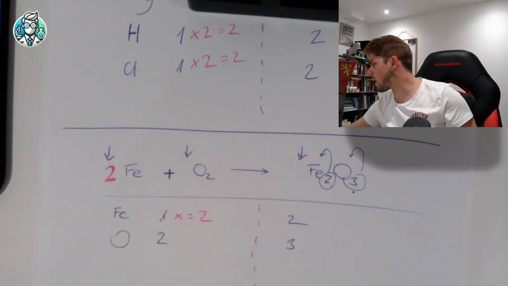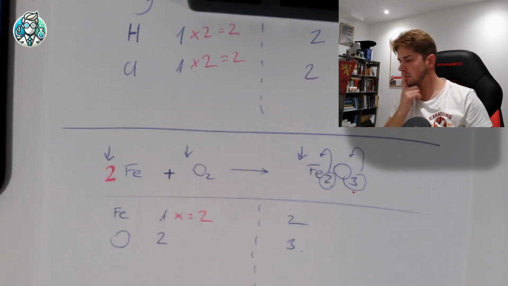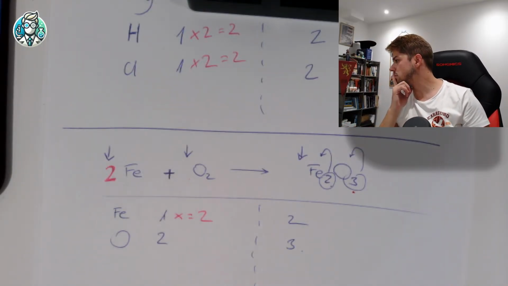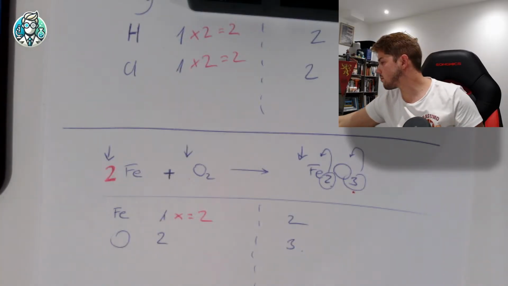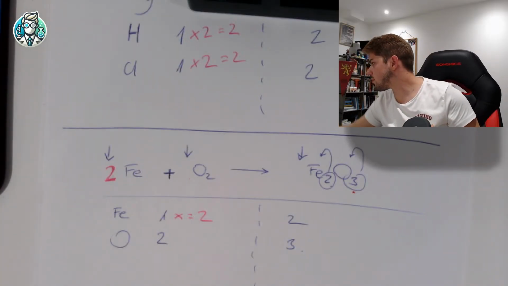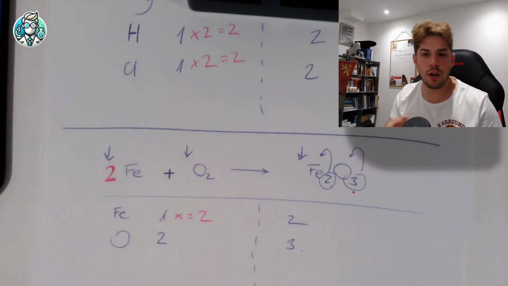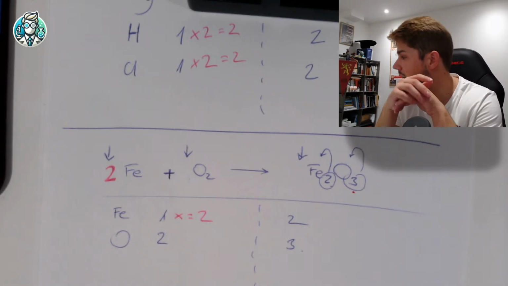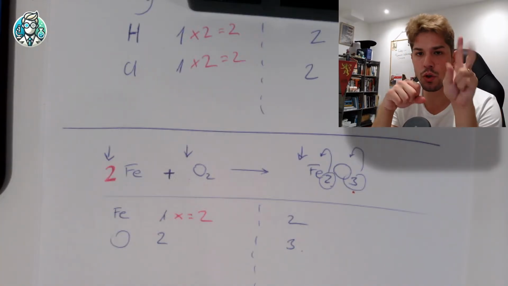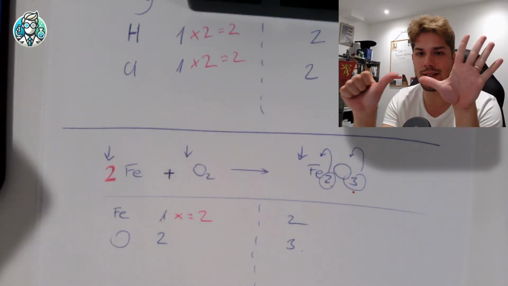Does anyone know the answer? A few more seconds. Okay, if nobody knows the answer, the common multiple between 2 and 3 is 6.